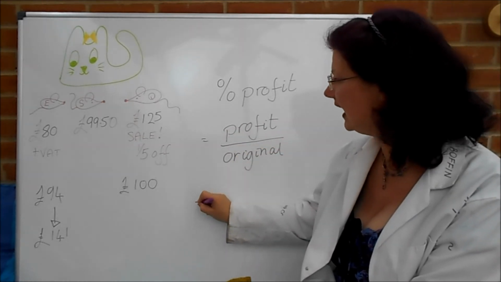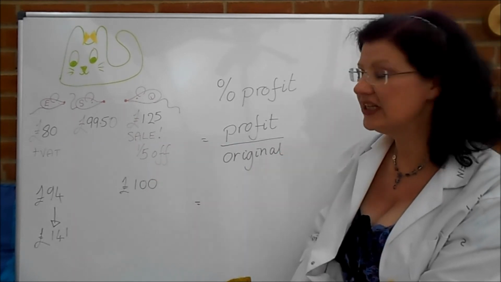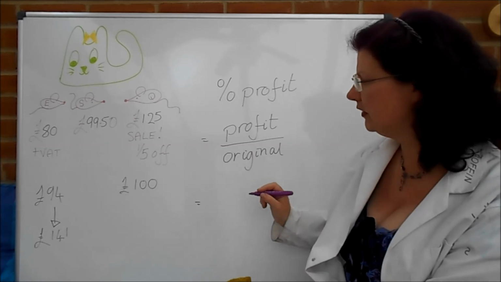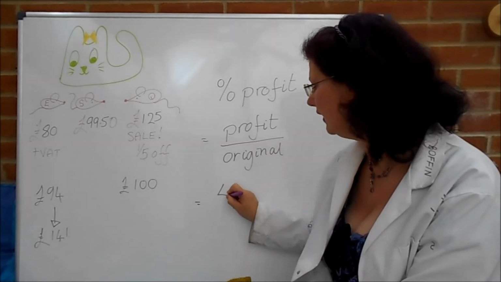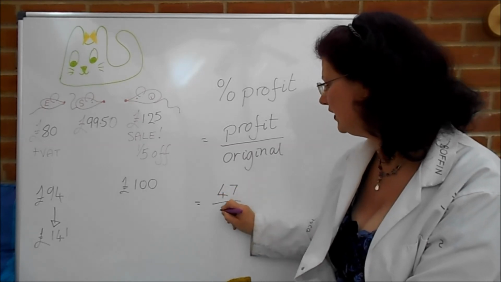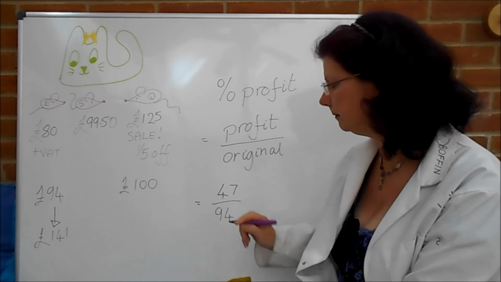So in this particular case, the profit is 141 take away 94. So that should give a profit of, let's see, 47, I think. 47 over the original one, which is 94.